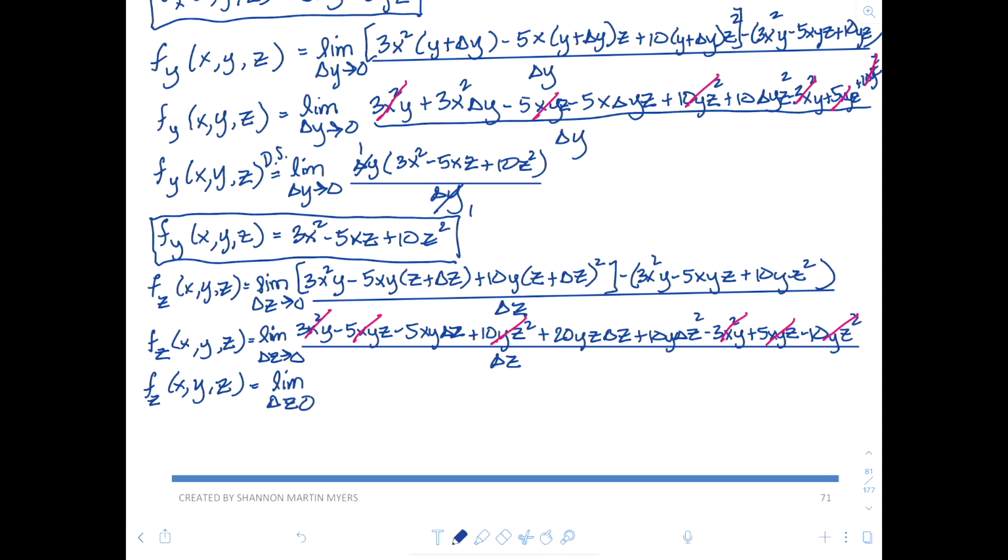We'll get the limit as delta z approaches 0 of a delta z times negative 5xy plus 20yz plus 10y delta z, all over delta z.